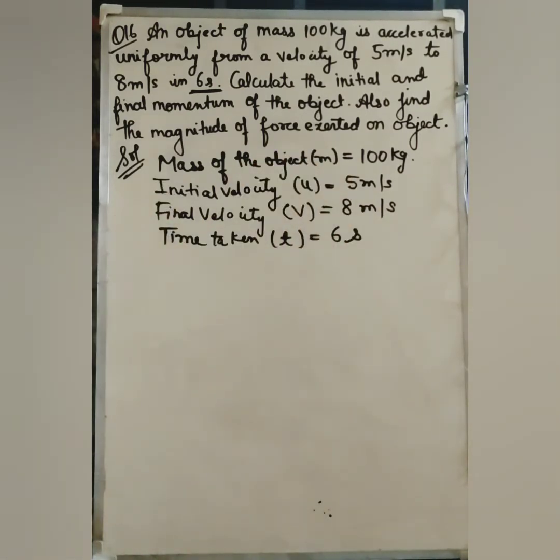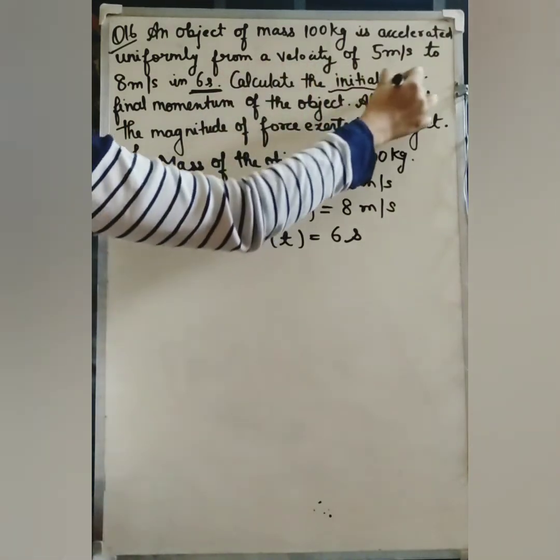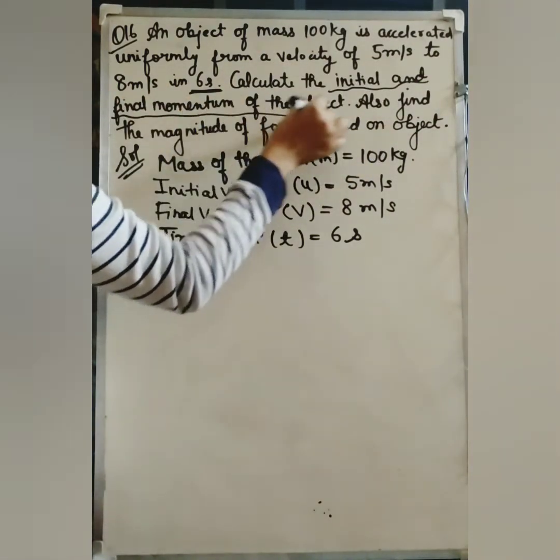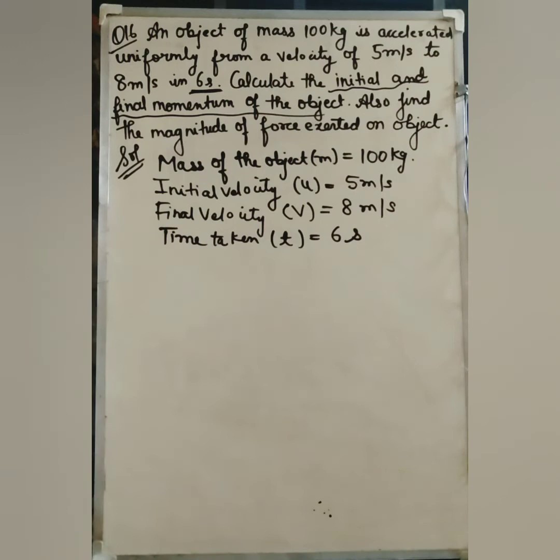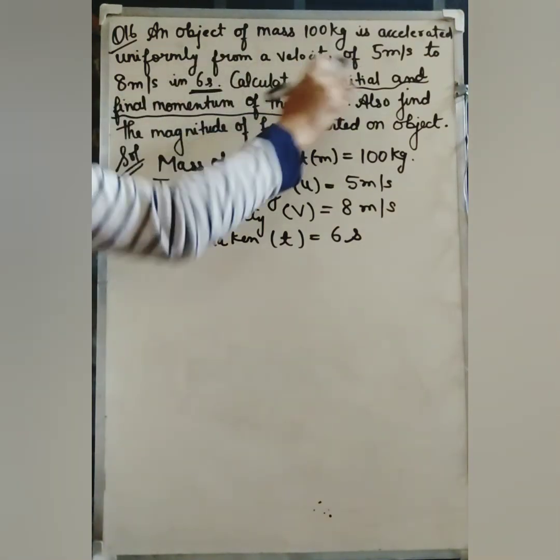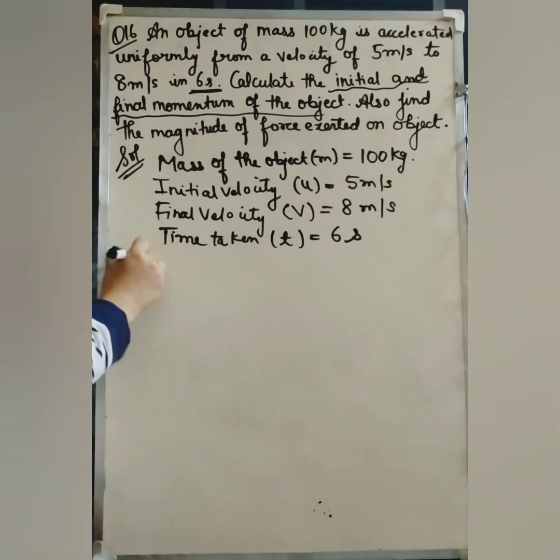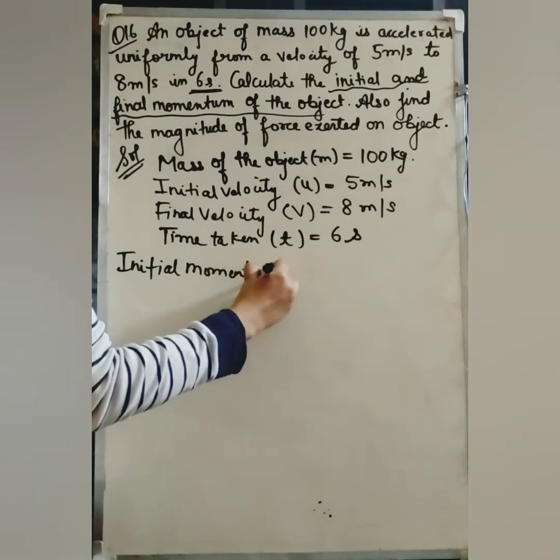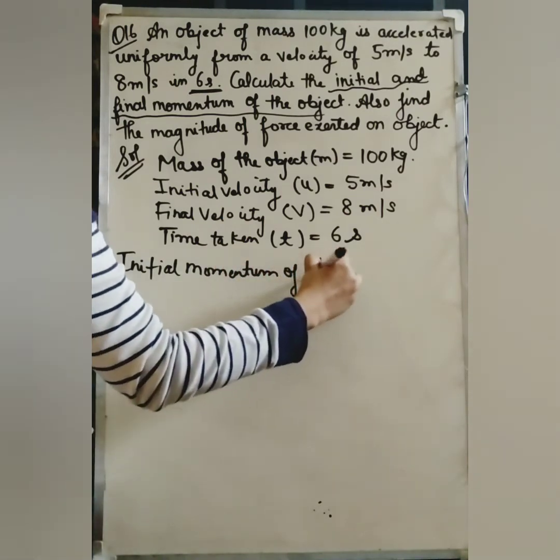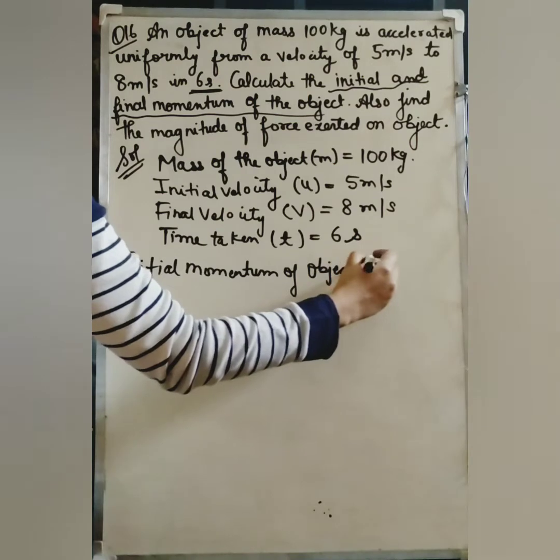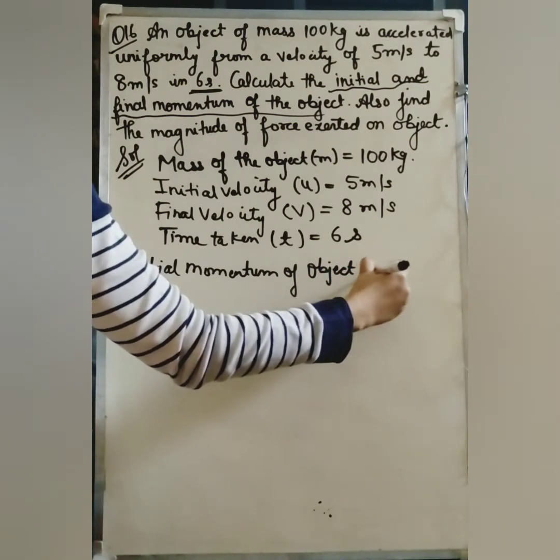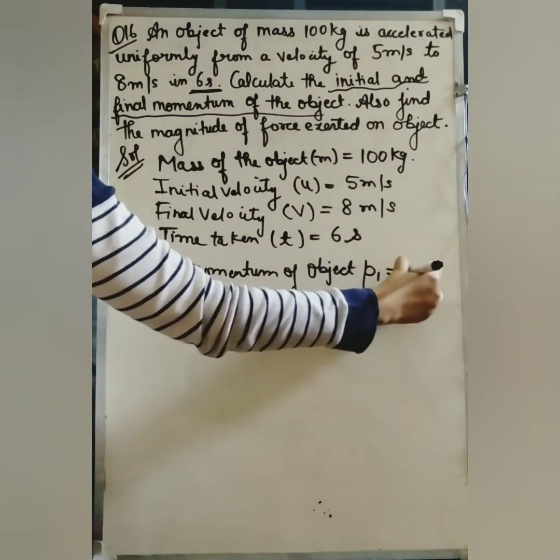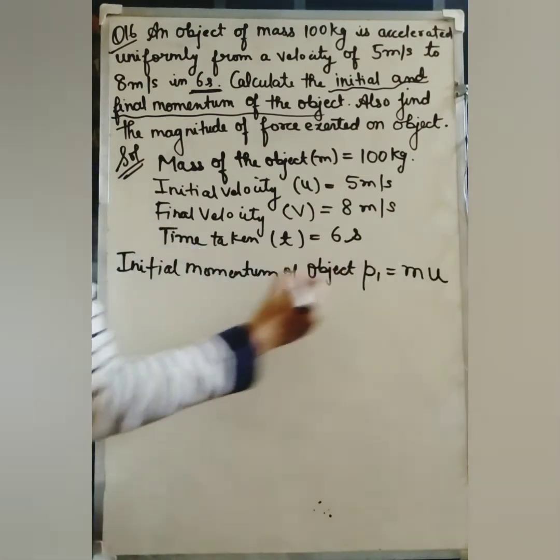Now students, you have to calculate the initial and the final momentum of the object. So this question is very easy. Now you people can solve it yourself. Initial momentum of the object, let's take it as P1. First momentum, the initial momentum, is mass into initial velocity.